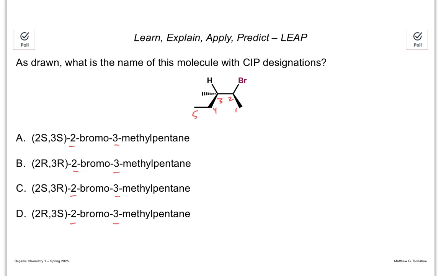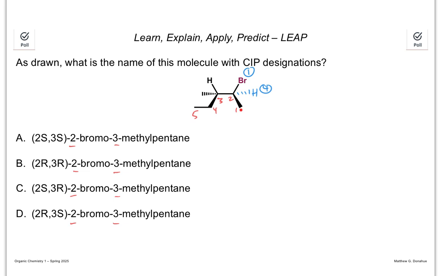That carbon is bearing a bromine. That's the highest atomic number, so that's going to be priority 1. If we draw in that hydrogen, it's going back, so that's priority 4. Then we have carbon and carbon. Since they're the same atomic number, we have to consider what's bonded to them. That carbon has H, carbon and carbon.